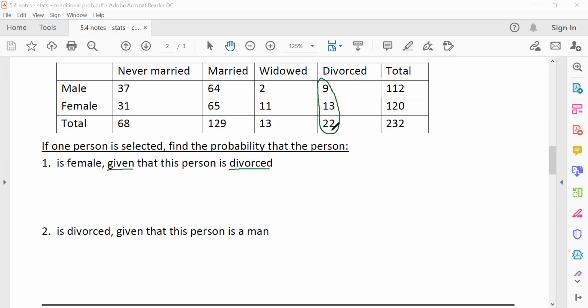And you want to know, essentially, if I pick a divorced person, someone who is known to be divorced, what is the probability they're female? Well, the top number is going to be the number of people who are both these things, female and divorced. That's 13.